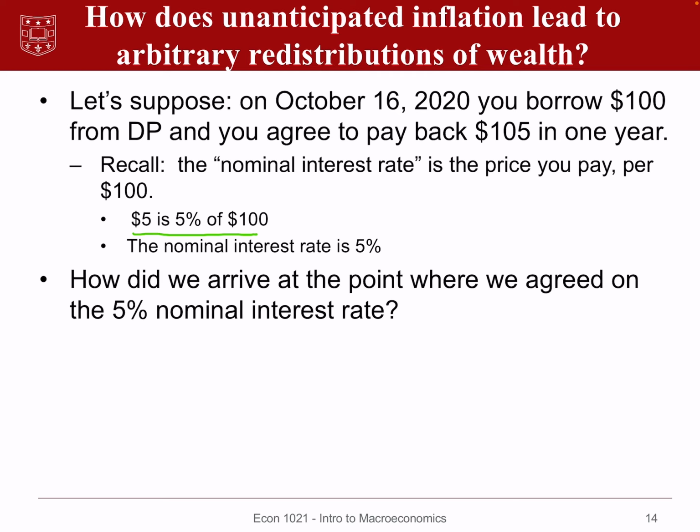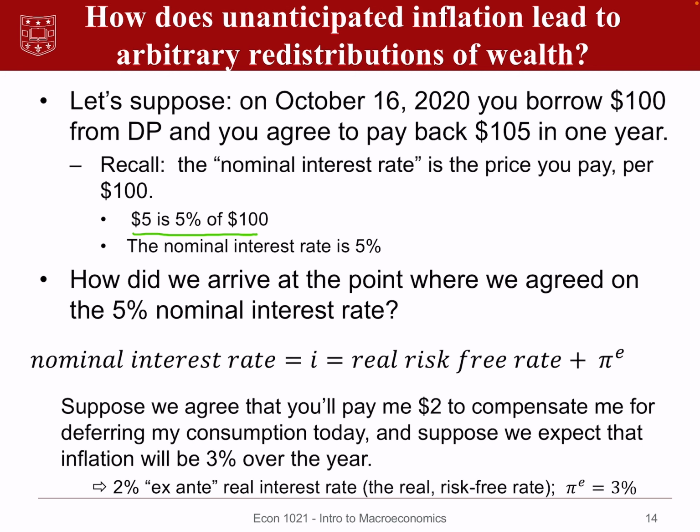5%. How did we arrive at that point where we agreed on a 5% nominal interest rate, or that you were going to pay me back $5 in a year? Well, again, let's remember how we thought about the nominal interest rate. The nominal interest rate, which in our example right now is 5%, we said is comprised of the real risk-free rate plus the expected rate of inflation.